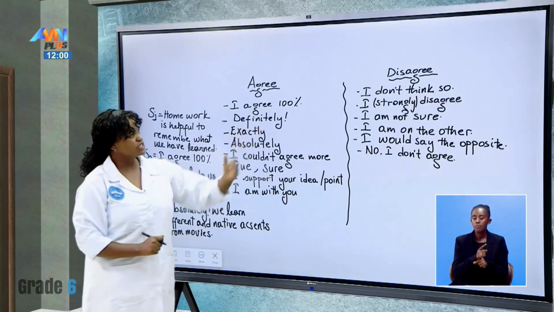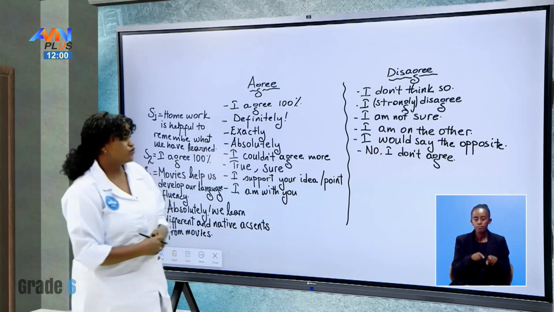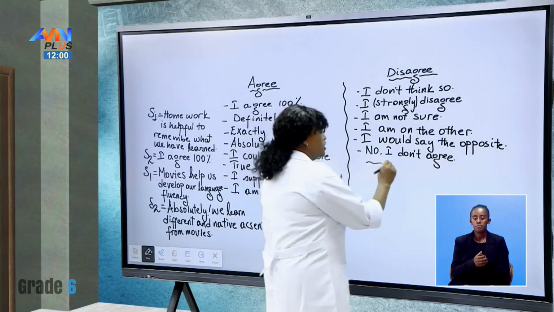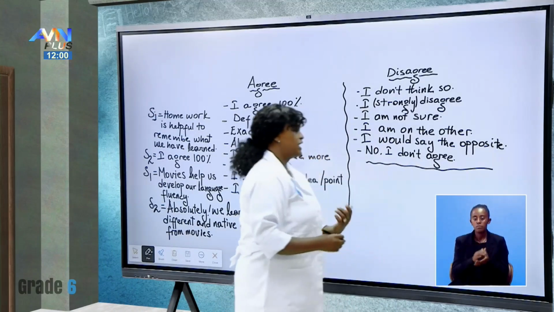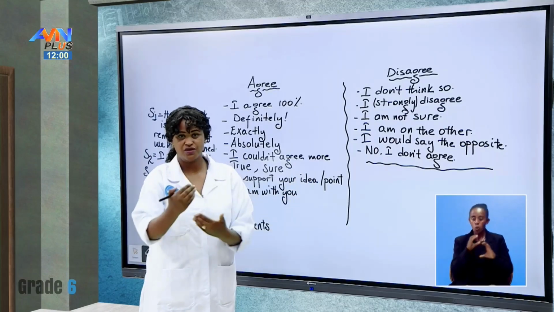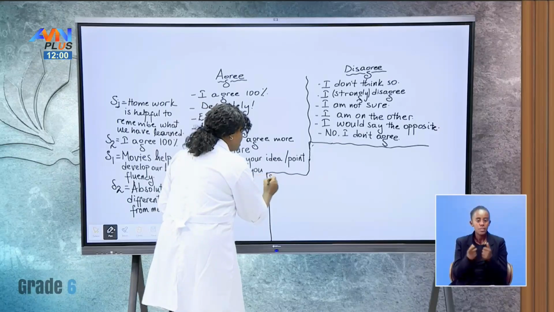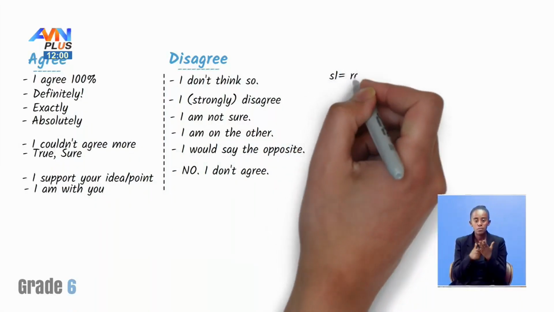Let us see the second one, how to disagree. Let me give you some examples here. We're going to do a dialogue because this issue is more into communication, okay? Let's say the first one. This is from a lazy student. Be careful, okay?